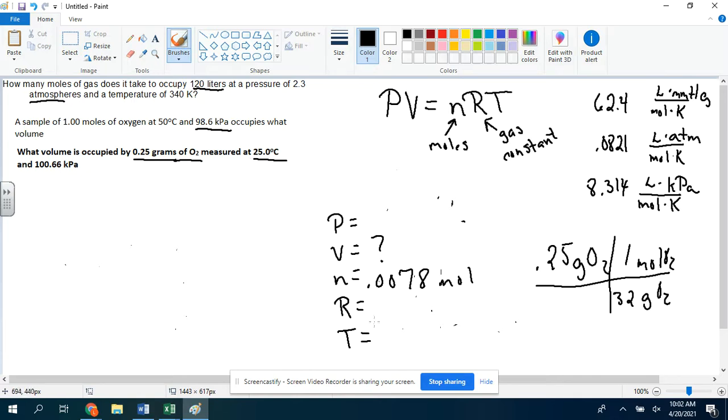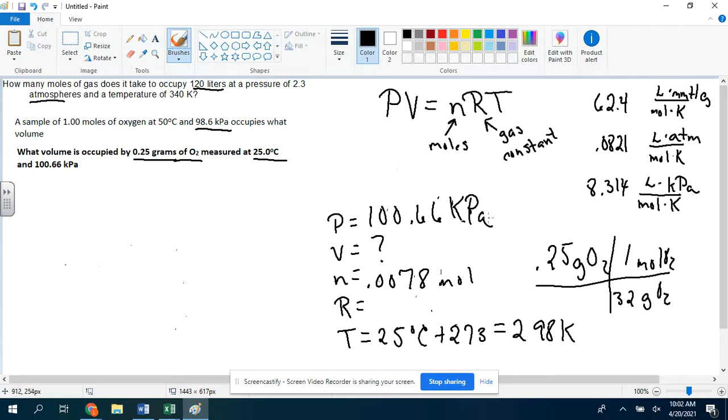It's at 25 degrees Celsius. I'm going to go ahead and plug that in here, and I'm going to immediately convert it to Kelvin to make sure that we don't forget. Okay, 298 K, and pressure is 100.66 kPa. That's going to affect what R we pick, okay, because here we don't have an R. We're going to use the kPa R, it's right here, 8.314.